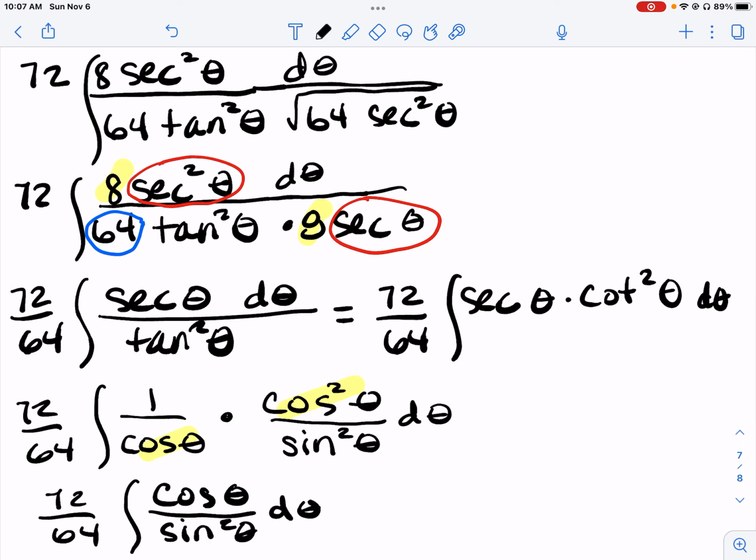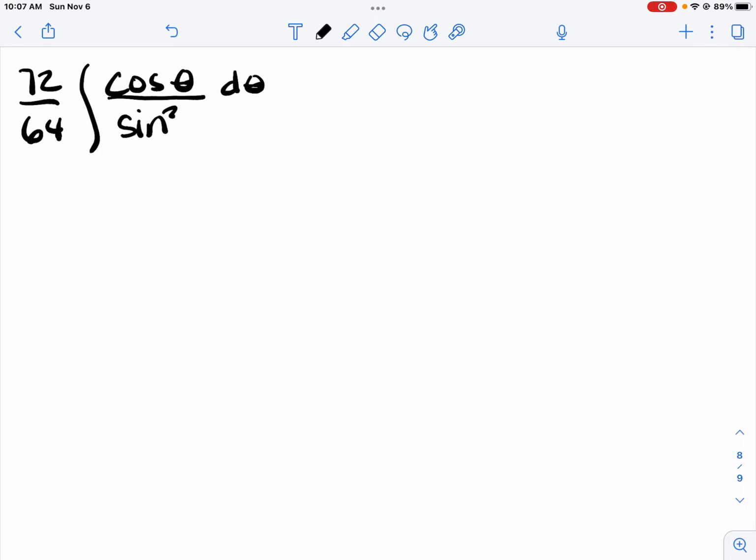So notice how cosine's the derivative of sine. So if u is sine of theta, du is cosine of theta d theta. Let me rewrite that. I've got cosine theta d theta over sine squared of theta.